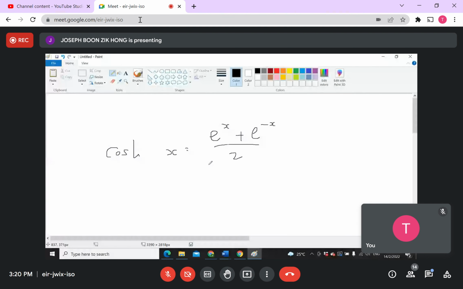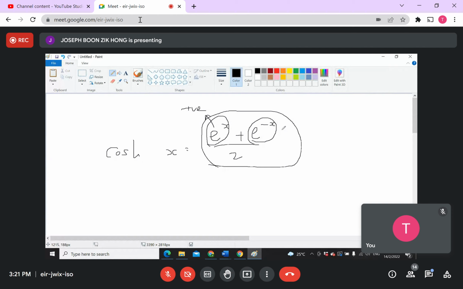For this formula e^x, no matter what number you put for your x, you still will get a positive number. And this one also the same. Unless your x is a very, very big number, let's say e to the power of negative 99999, then you will get something very near to 0 or equal to 0.